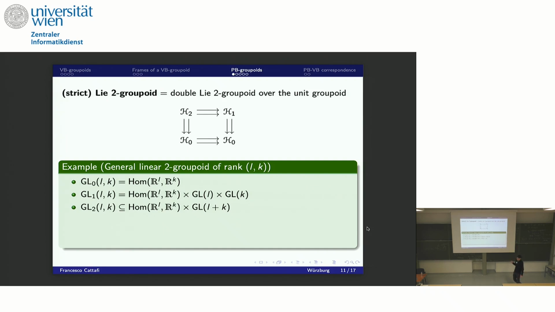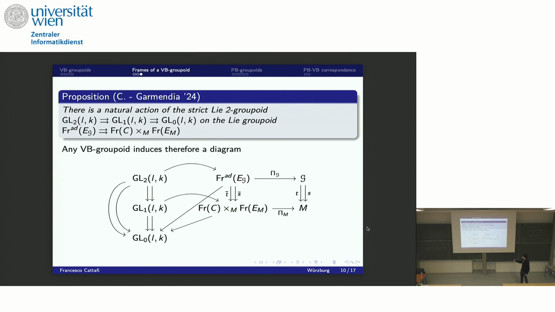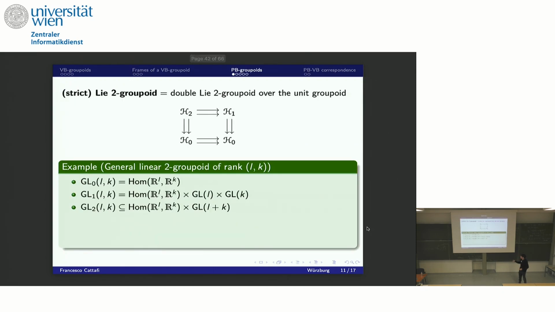GL1, you have to interpret it as the object which has an action on this frame of C times frame of E. But we know already that those are actually principal bundles. So on frame of C, there is already a GL which acts on it, and on frame of E, there is another GL that acts on it. So I just need to put together those GLs in order to make it into a Lie groupoid action. And that's why here there is also this times R^L, R^K.